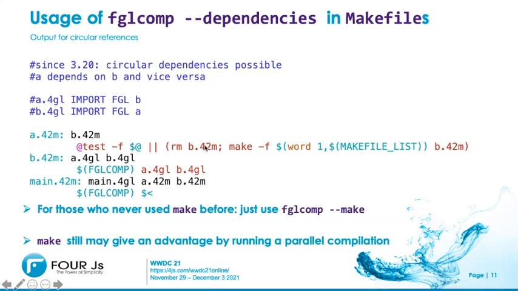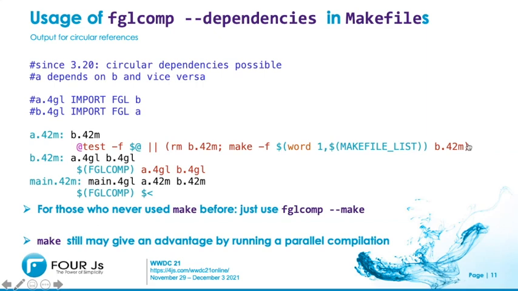Normally, if in make you would say A depends on B and B depends on A, make would tell you that this is a circular dependency and it would terminate. But this barely understandable rule solves that somehow, and the tool creates it for you.